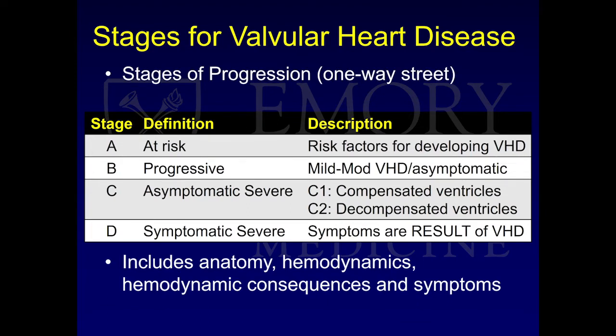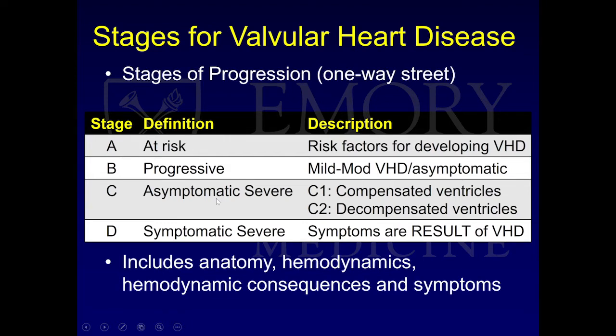link the management of the valve disease to the stage, and to understand that maybe we don't have to focus on end-stage disease. For a long time, the only treatment was a big surgery, but now we're intervening earlier, and we have less invasive techniques. We're thinking about diseases at earlier stages. So I list here, for any valve disease, the description for each stage.